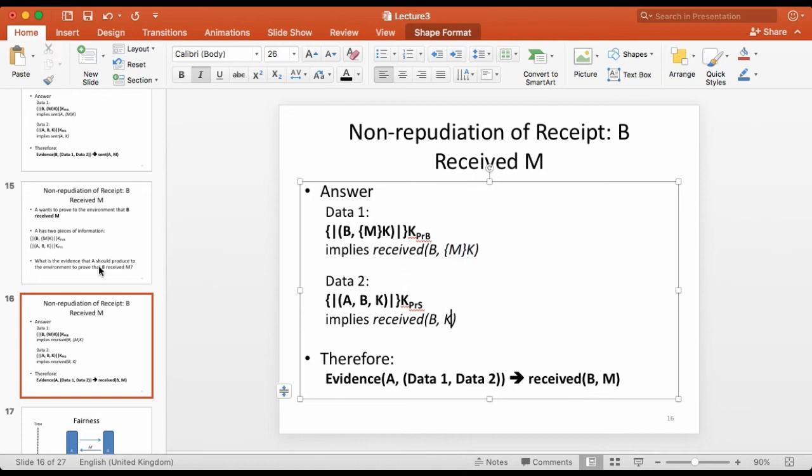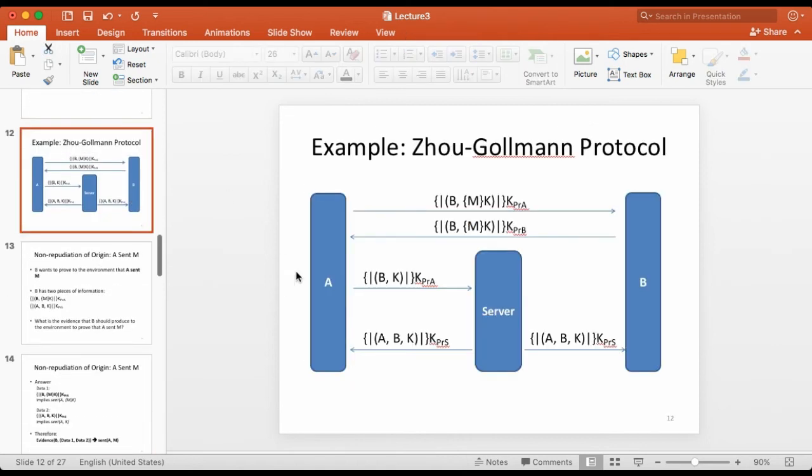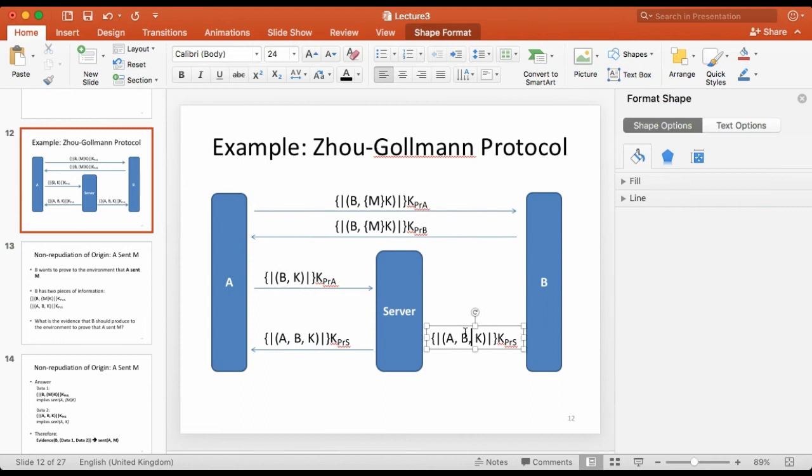Again, remember that the server is saying to A that here is the key that you can use for communication with B. But if the server is able to perform this message here, the server is also able to perform this other message here.